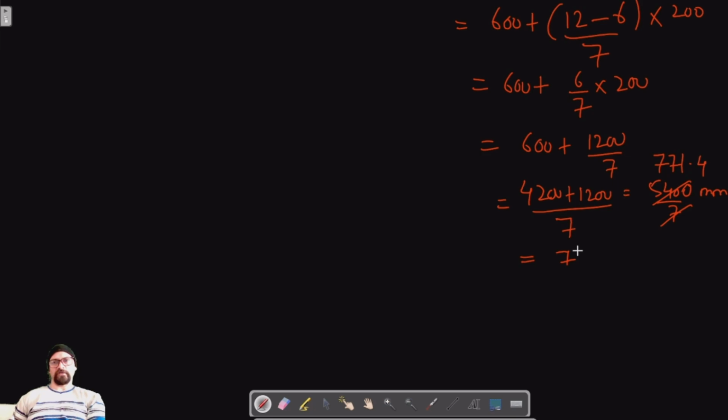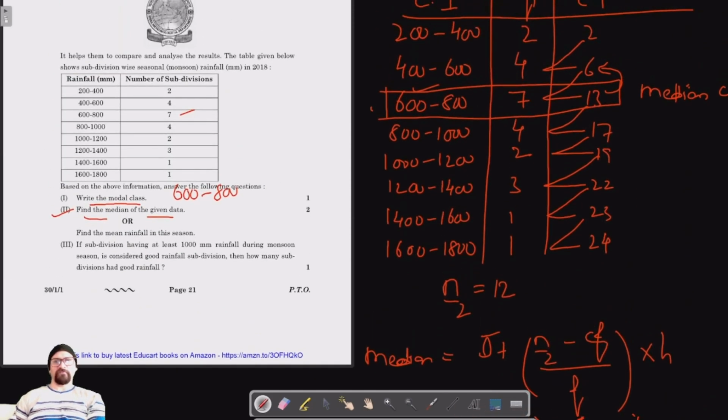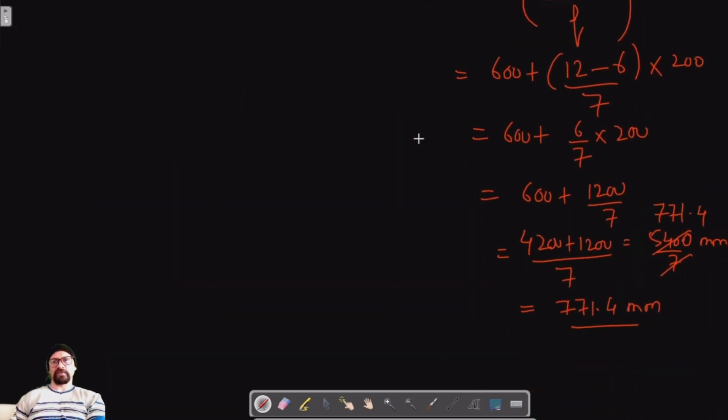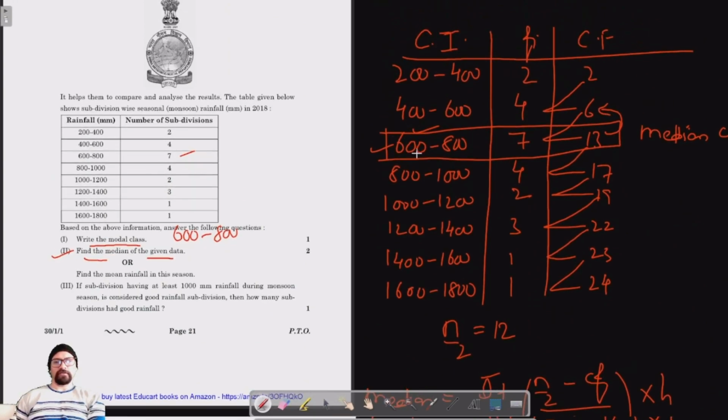So we can write it as 771.4 millimeter, which is within the class interval of the median class. So this is the correct one.